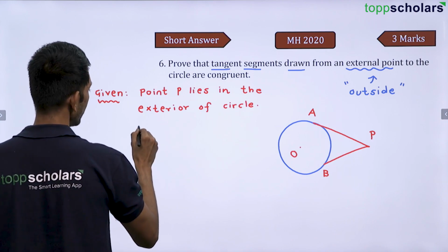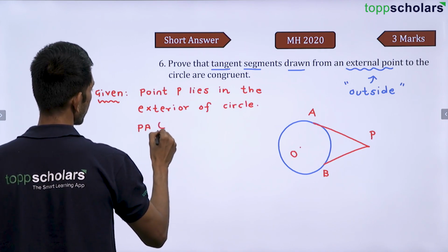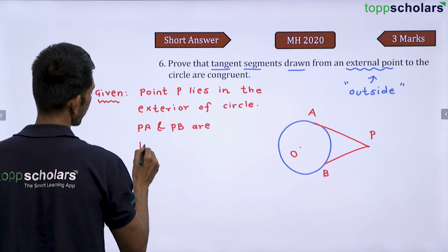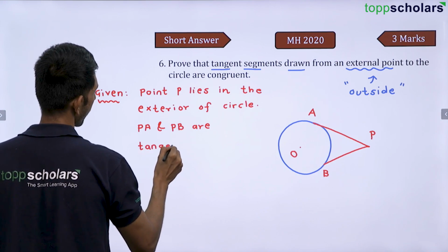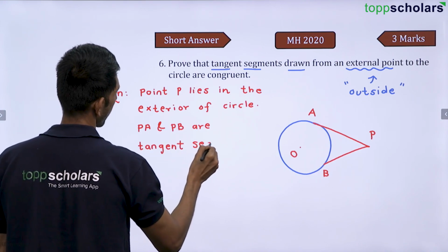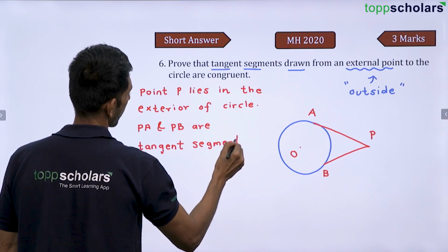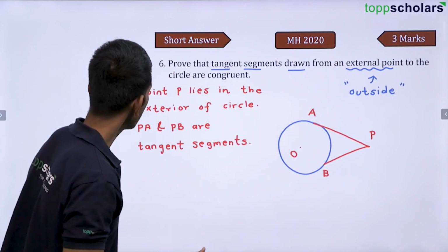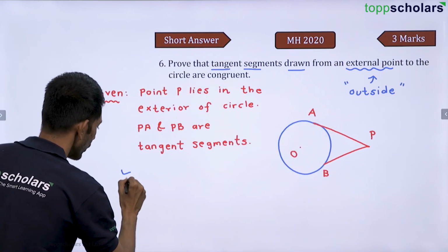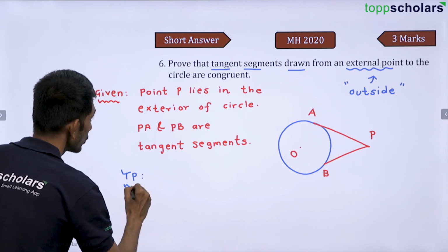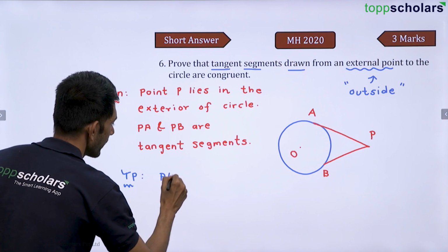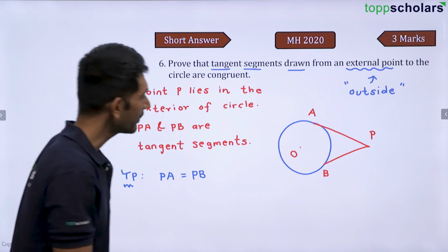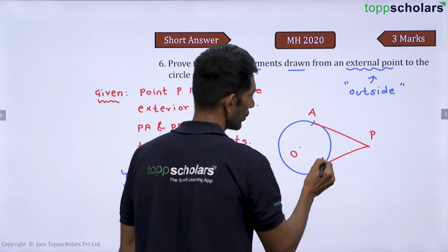And it is already given PA and PB are tangent segments. Correct? PA and PB are tangent segments. Now since PA and PB are tangent segments, we are supposed to prove that PA is equal to PB. Correct? We are supposed to prove that PA is equal to PB.